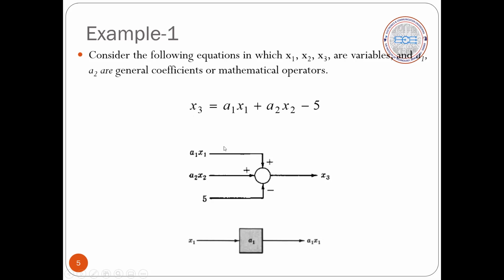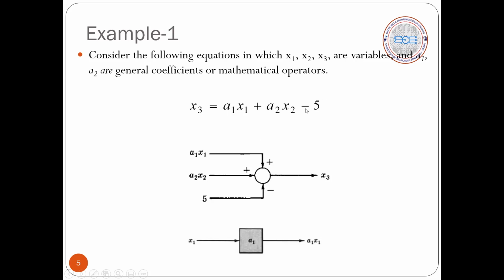Now the first input I am taking is the constant a1 times the variable x1, and the second input I am taking is the constant a2 times x2. And mind the sign here. The sign of the inputs is plus and plus, because here they are added. So I am taking plus and plus here.